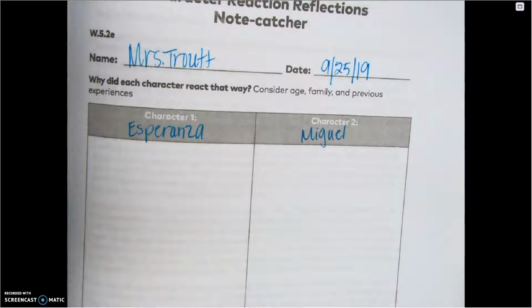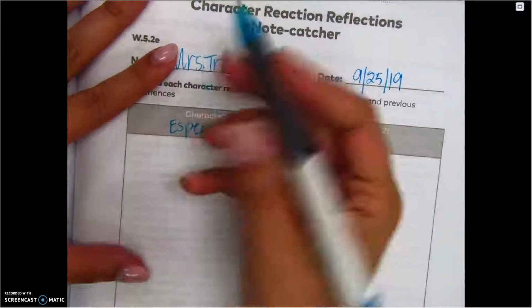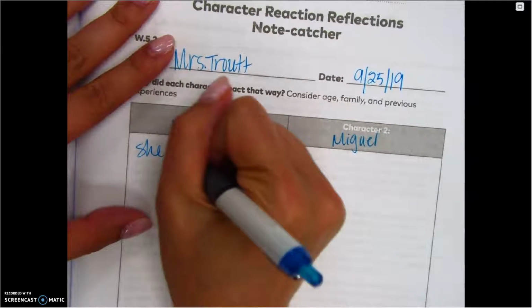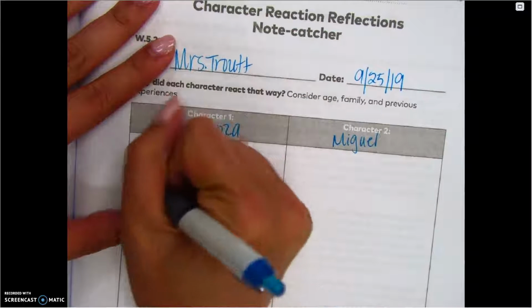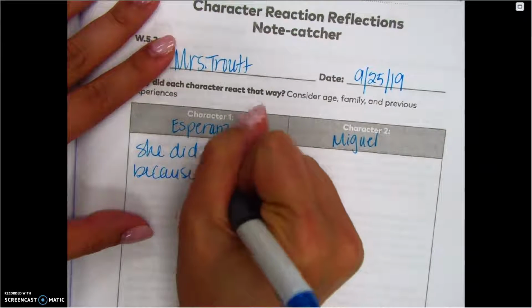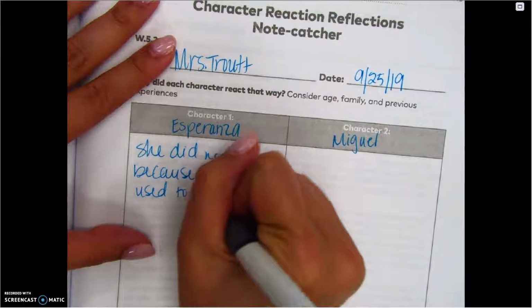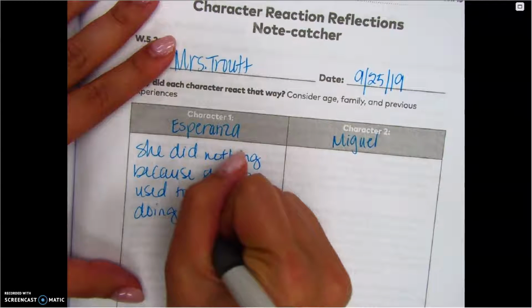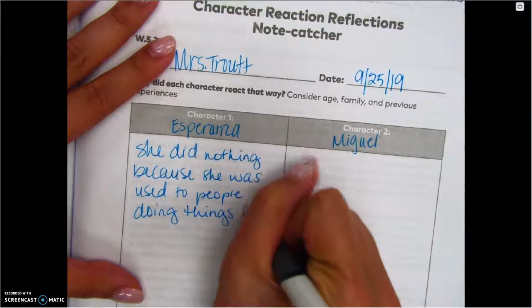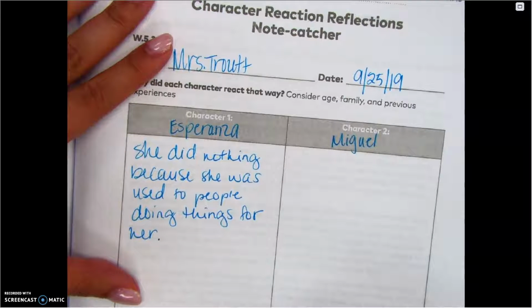One or two. So for me, here's what I would be writing. She did nothing because she was used to people doing things for her.